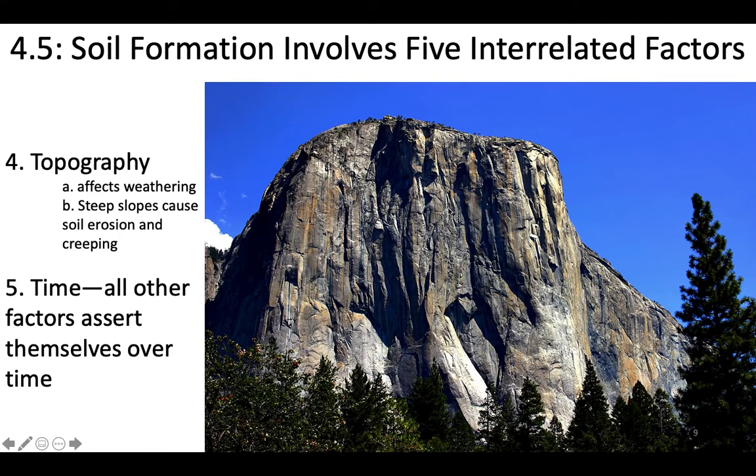So this steep slope here is going to affect soil erosion and creeping down at the bottom, where you have a lot of pine, and also at the bottom in here where this picture was taken is in the Yosemite Valley. And so what happens up here comes down this steep slope and affects the soil composition in the Yosemite Valley. And then, of course, time is the fifth factor, because all of these factors assert themselves over time.